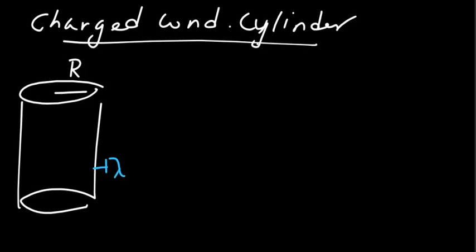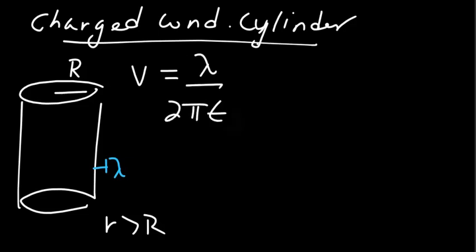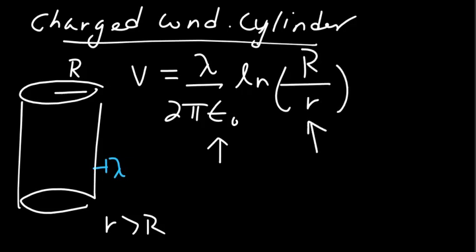Now we know from a previous video, the electric potential at points outside the cylinder is given by the following expression: charge per unit length over 2 pi epsilon naught, where epsilon naught is the permittivity of vacuum, times natural log of the radius of that cylinder over the distance where the observation point is.